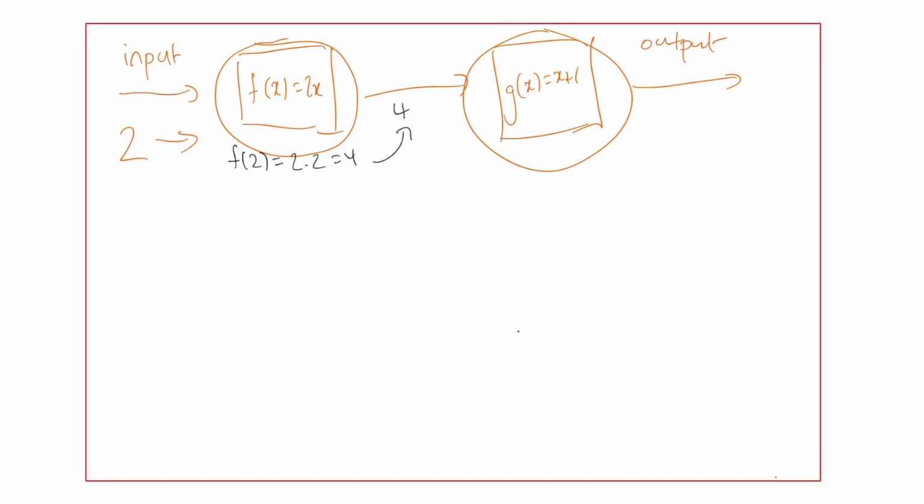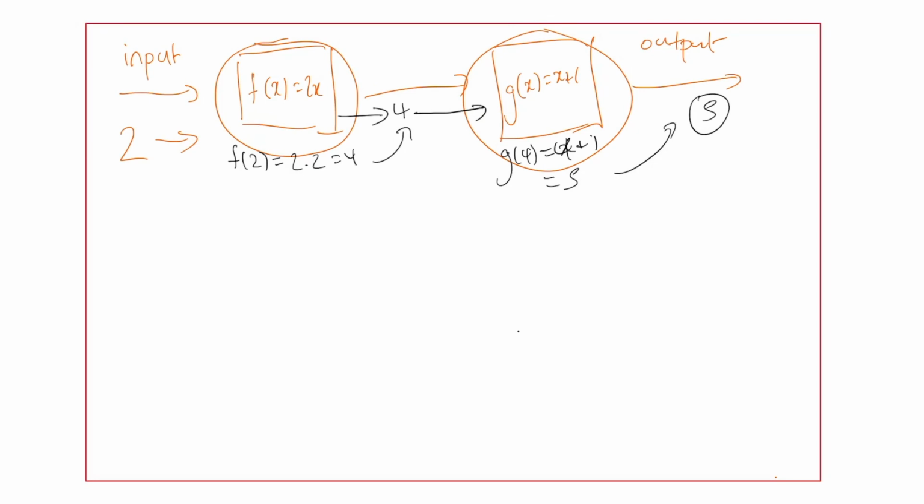Then we took this 4, an output from f, and plugged it into g of x. Again, plug in 4 plus 1, which is 5, and we have the output of 5. Great. Now let's use this idea to write composite functions mathematically.